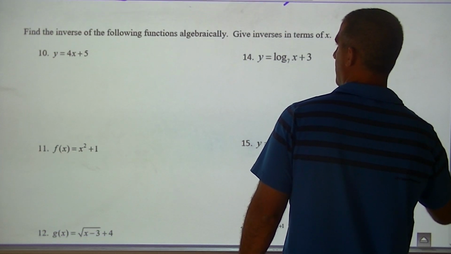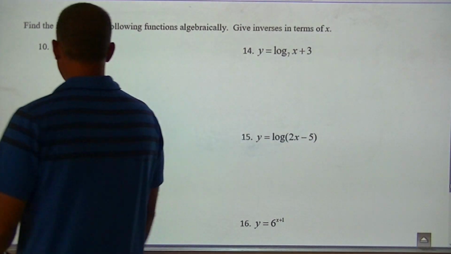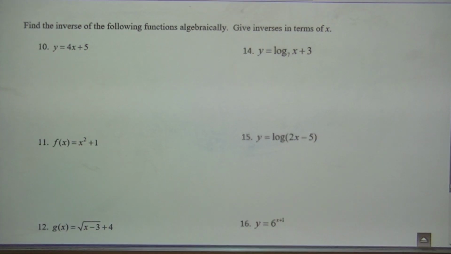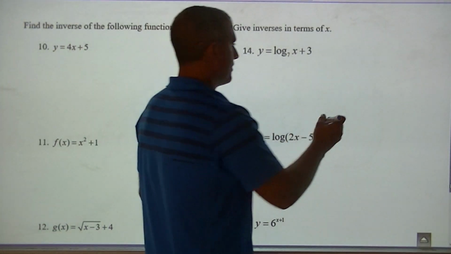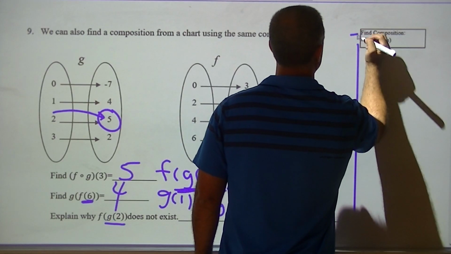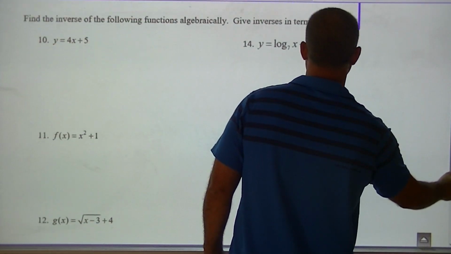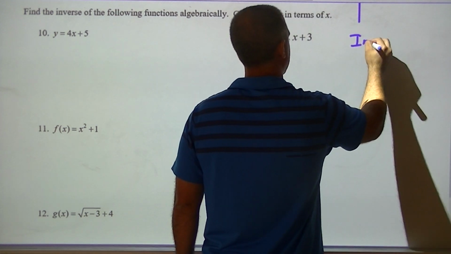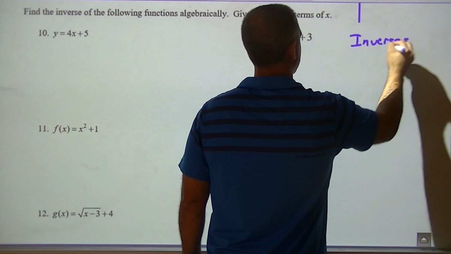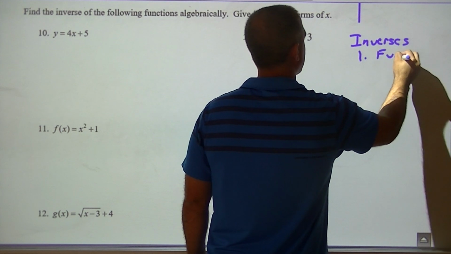Solve these algebraically. Now, here's my recommendation for inverses, this is a common thing. What you want to do is find the inverse function.